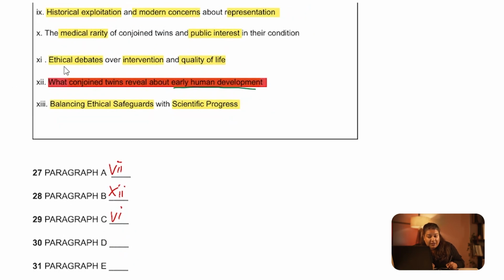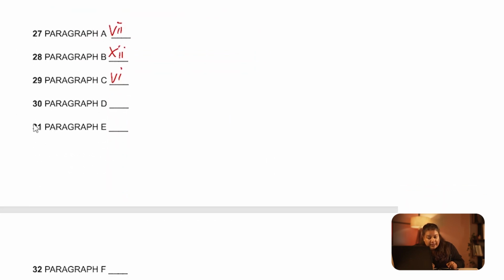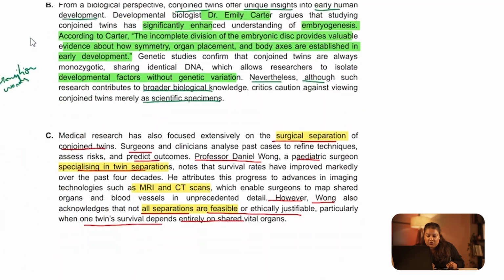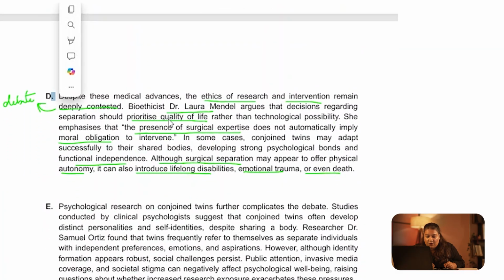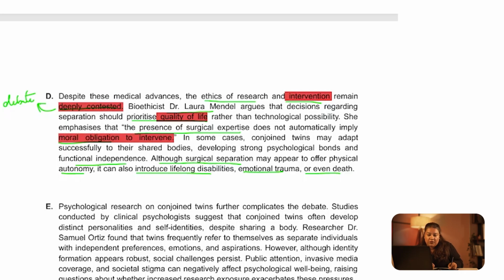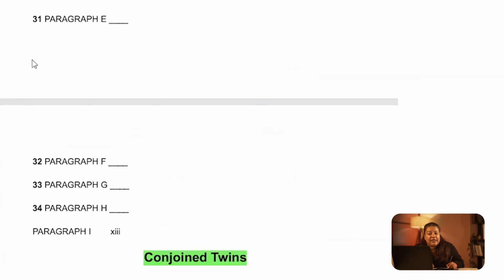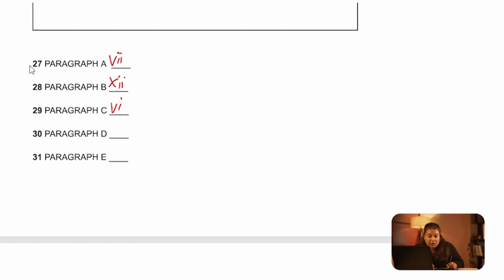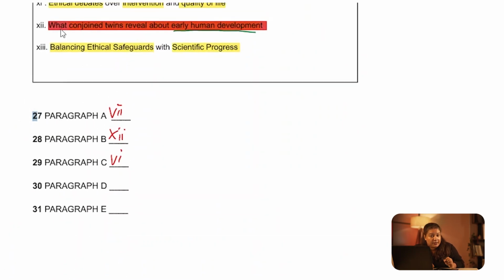And option 11, ethical debates over intervention and quality of life. We did have this. It did say contested, which is nothing but debate, and we did have quality of life here, right? Intervention remained, and it had the moral obligation to intervene. So yes, we will stick to option number 11. Please understand, it's not about keyword matching, but it is all about understanding the meaning, arriving at the main idea of the paragraph.